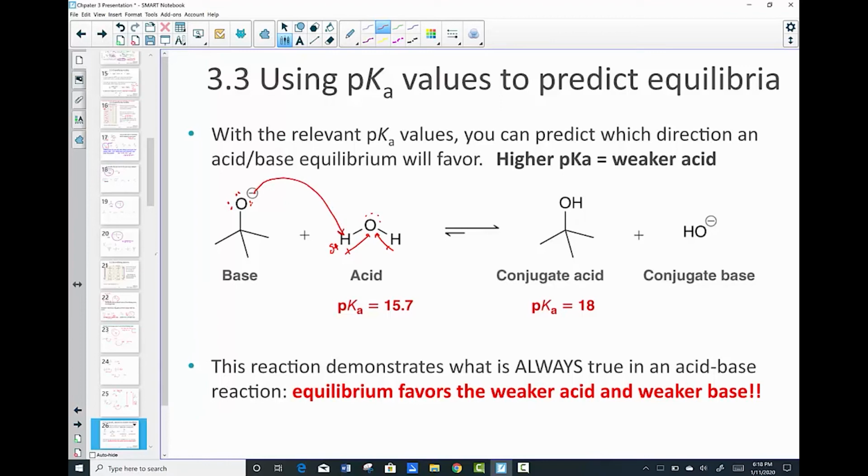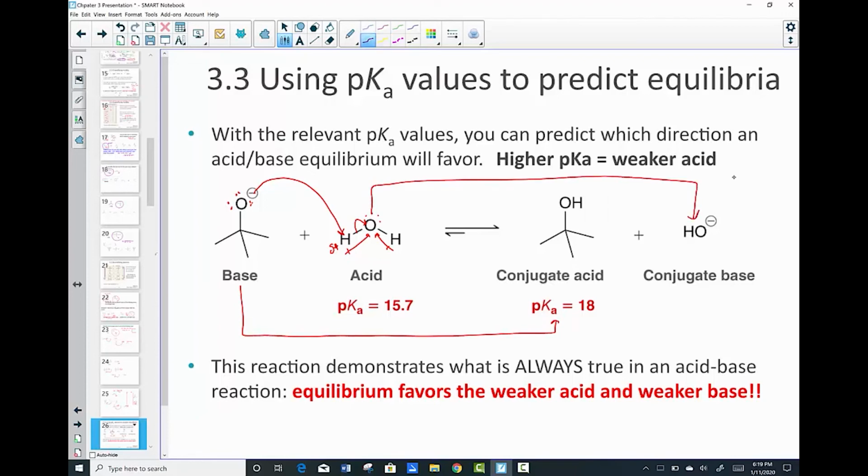We see that the hydrogen is being abstracted, plucked off, removed, transferred from the acid to the base, forcing this bond to collapse, and we've formed conjugate pairs. The arrow originated at the base, and it formed its conjugate acid. Water acted as the acid and formed its conjugate base.